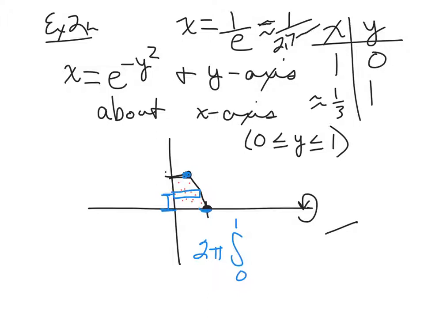Y. It's just going to be y. That's right. Distance there is just y. And then your h of y is the height of the rectangle. That's that distance there. That's defined by the curve in this case, which is e to the negative y squared dy.